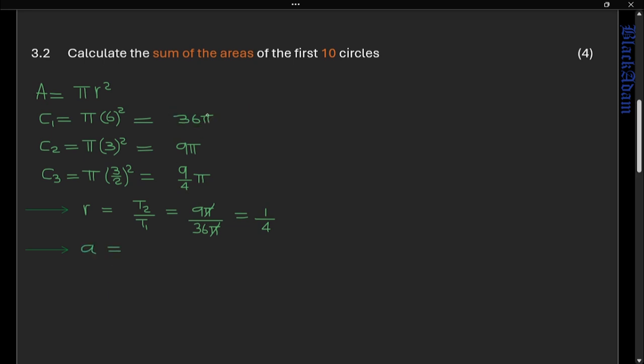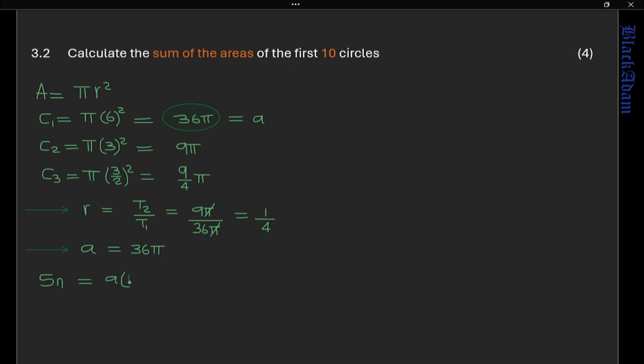And our first term is 36 pi, so that is our A.